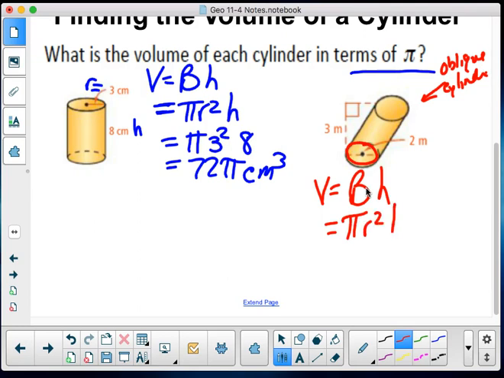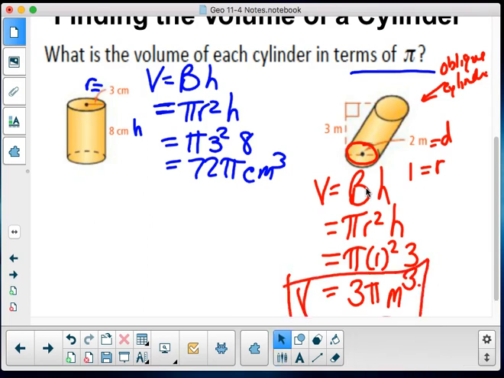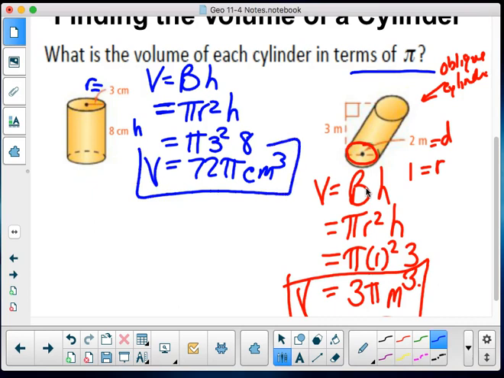Pi r squared h. Well, this is actually d, so r is 1. So pi 1 squared times h, which is 3. So this becomes 3 pi meters cubed. So that's my volume there, and here's my volume over here. So we're getting these things rolling.